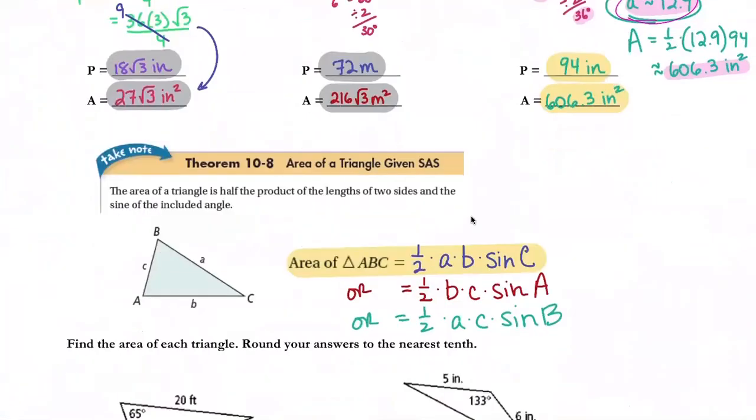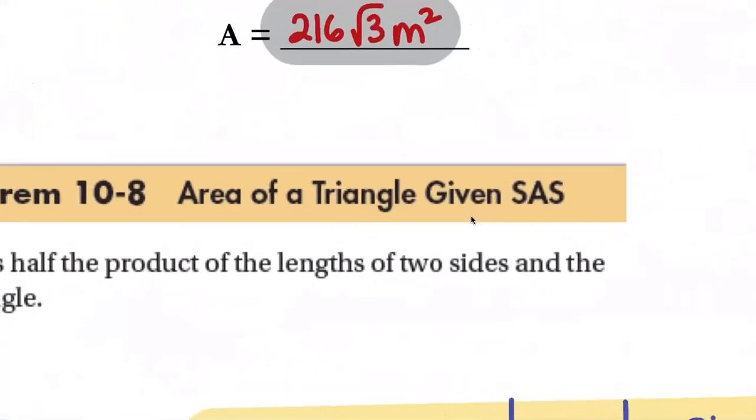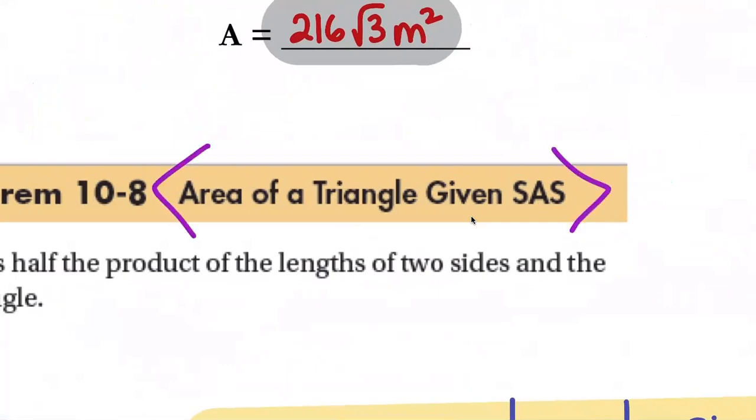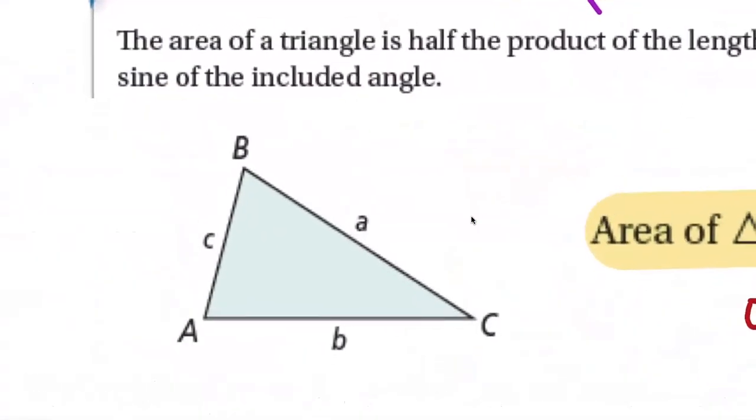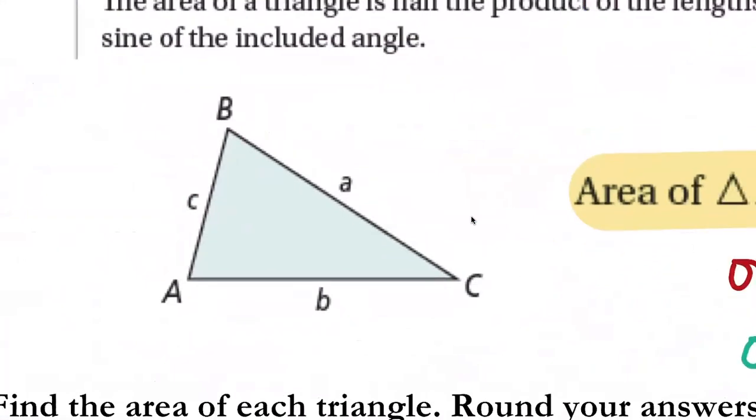Okay, and then lastly, this is actually a really simple formula. The hardest part of this is remembering that it exists. So sometimes we get so many different formulas going on that we kind of forget that this formula exists. So the area of any triangle, this works whether it's a right triangle, not a right triangle, whatever. The area of any triangle is 1/2 the product of two of its side lengths multiplied by the sine of the included angle.